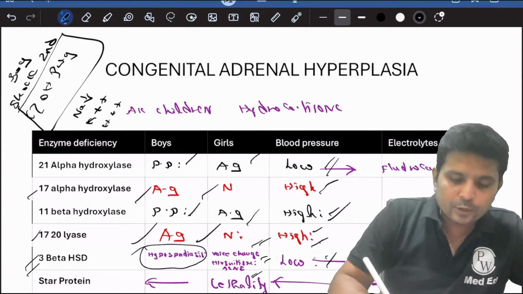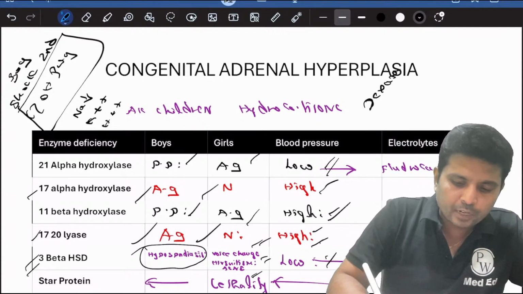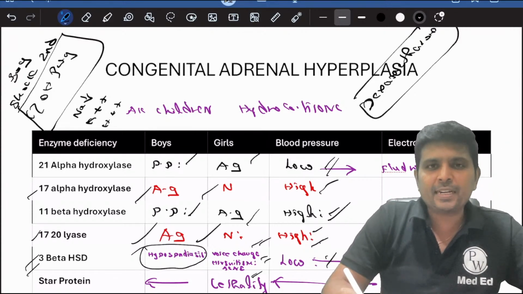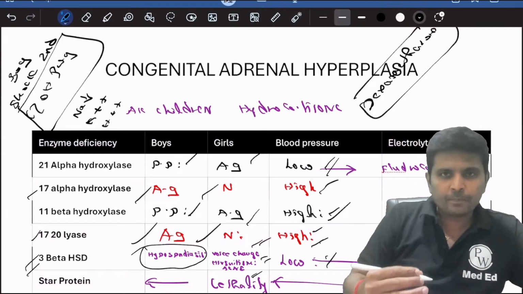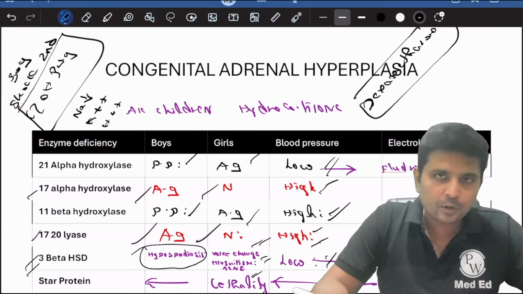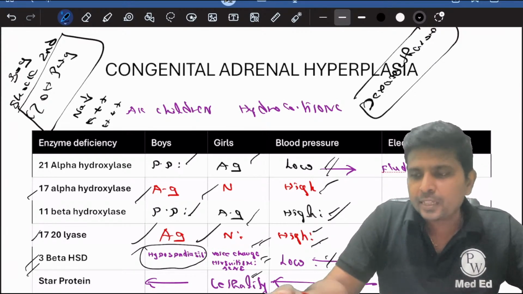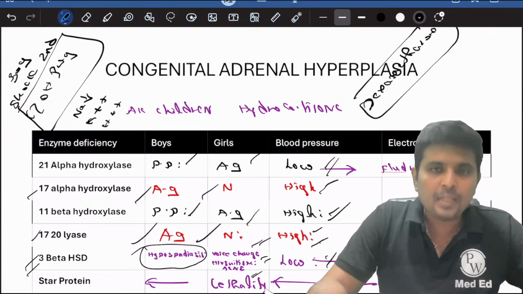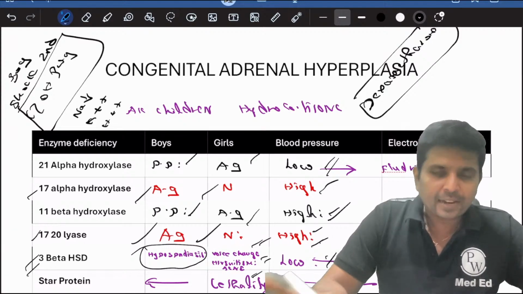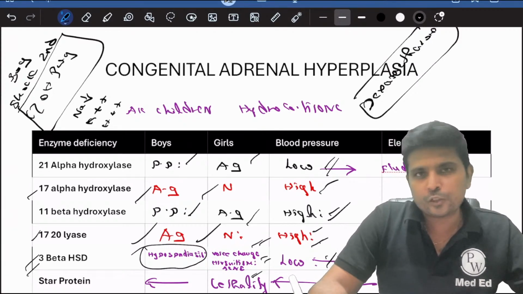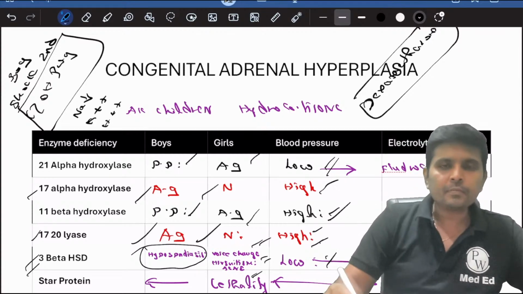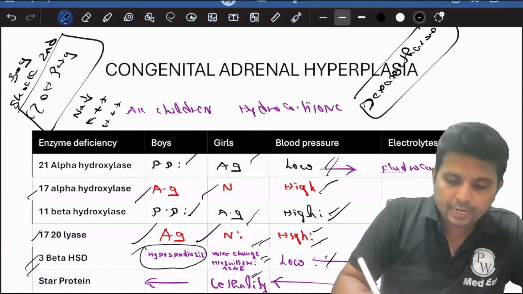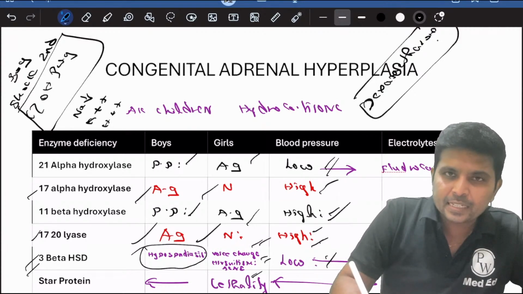Invariably you need to start the mother on dexamethasone, because the dexamethasone given to the mother will reach the child through the placental circulation, and the fetal pituitary will see the maternal dexamethasone or cortisol, so that the excess 17 hydroxyprogesterone will not be converted into testosterone, as a result of which there will not be any virilization of female genitalia. So you give dexamethasone as early as the pregnancy is confirmed.